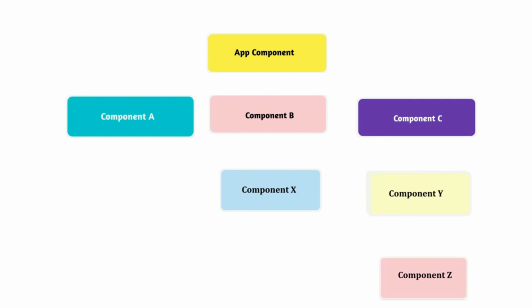And now the challenge we have here is to display the total price of an item in component A, X, and Z. And the price of the item will be maintained as a property in the App component. So to be able to display the price in the nested component, we have to pass down the price as props.